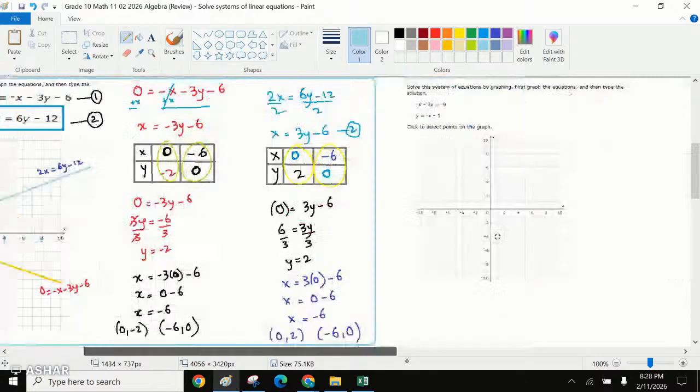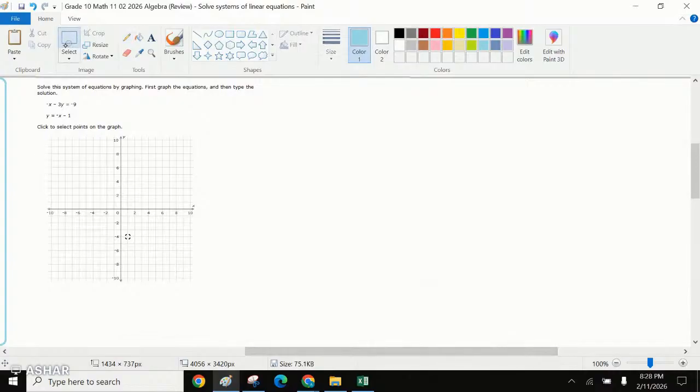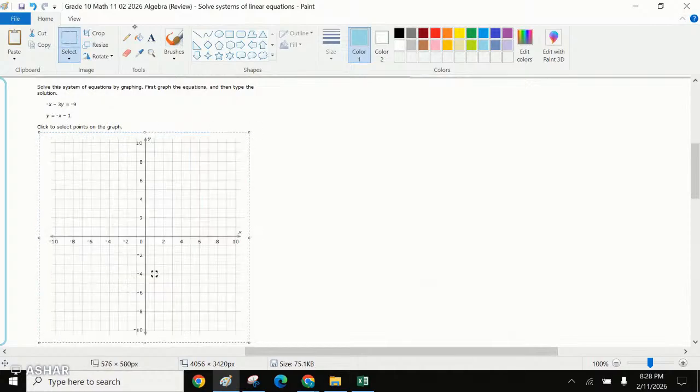Okay, for the next question, this was question number 4. Let's see what question number 5 is asking us to do. In question number 5, the xy axis is given to us, and the given equations are these two.